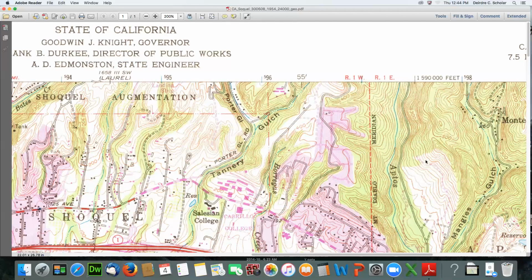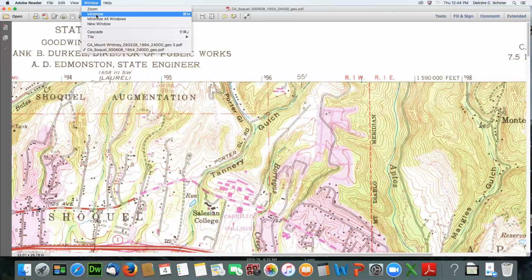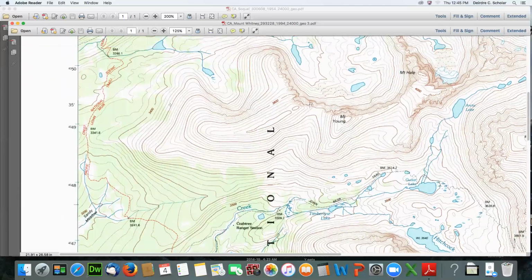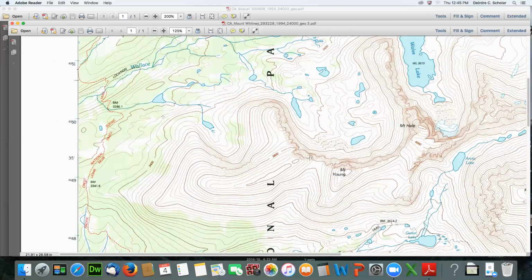Let's see if we can figure out what it is on the Mount Whitney quadrangle. Let's look in the northwest area of the map, near Mount Young, but maybe to the west of there. And I see a nice, clear, dark index contour line with a value of 3,400. Now remember, these are in units of meters.